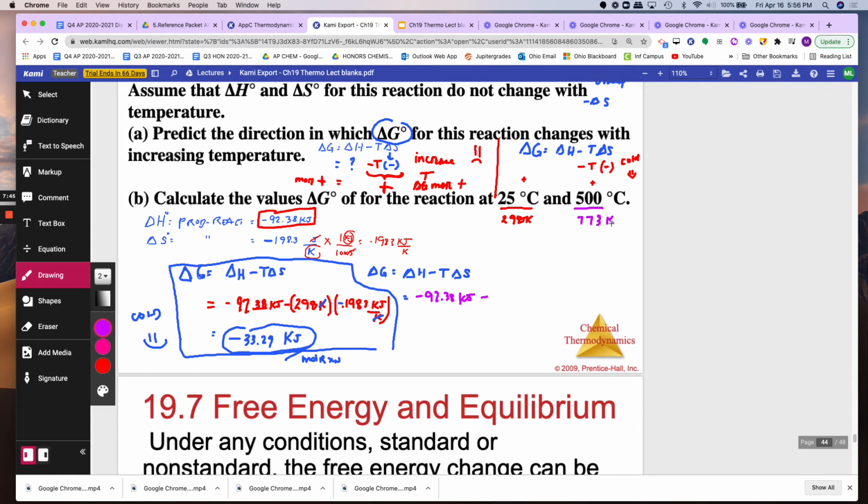Okay, it's hot, 773 K. All right, and this number is negative, oh, this is a negative number, 0.1983. So what that high temperature is doing is exaggerating this value. It's exaggerating how it's very ordered here, right? Kilojoules per K.